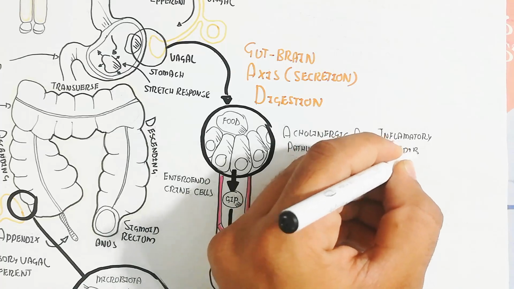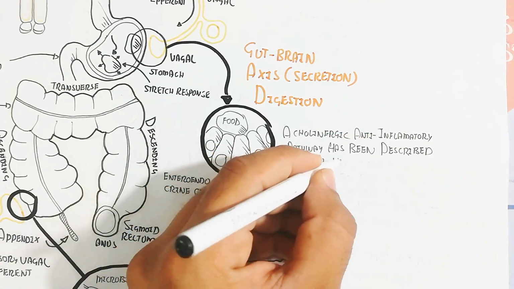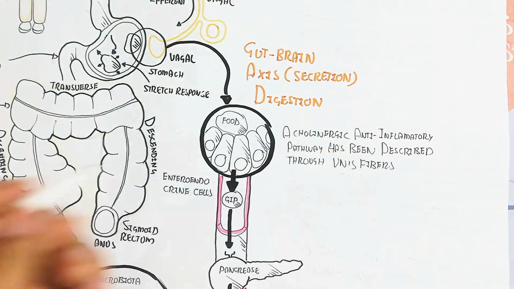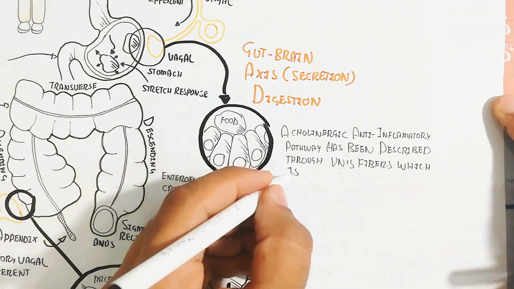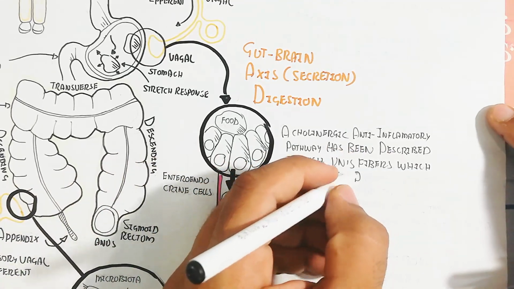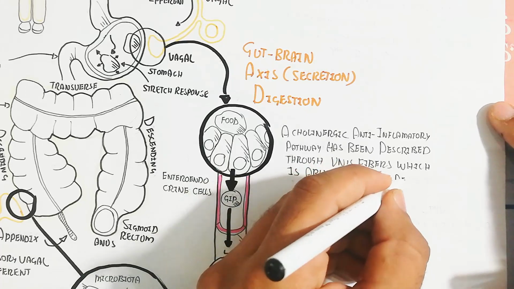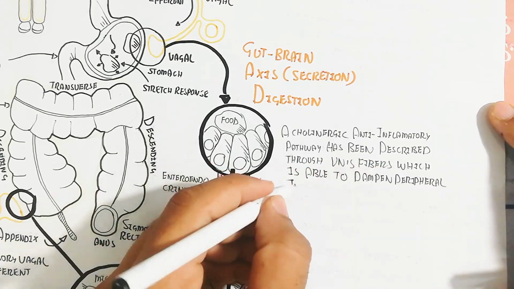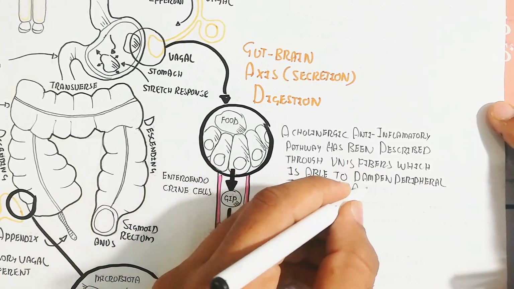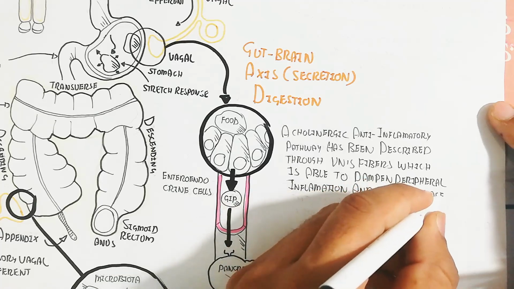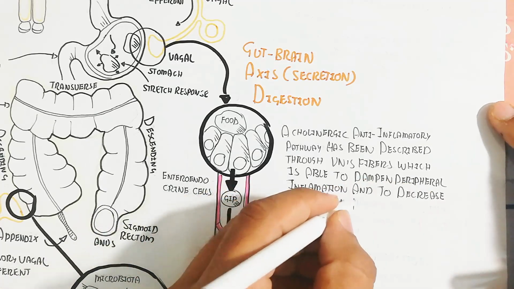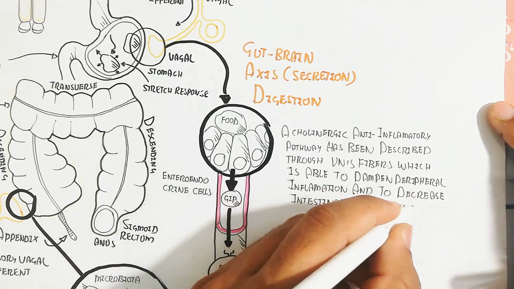A cholinergic anti-inflammatory pathway has been described through vagal nerve fibers, which is able to dampen peripheral inflammation and decrease intestinal permeability, thus very probably modulating microbiota composition.